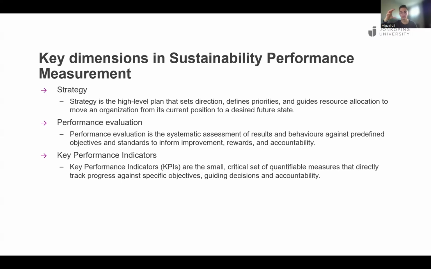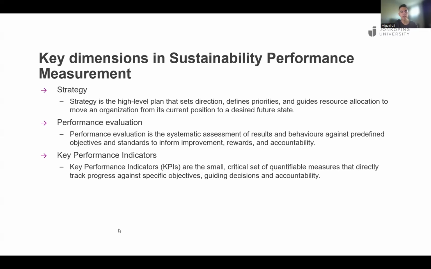That is something that is systematic, it's not random, it's something that has coherence, and it tries to assess results and behaviors against objectives that have been put in place and that are linked to the strategy. And then this evaluation informs rewards, it informs plans for improvement and accountability. So the performance evaluation, again, is a system. It aims to evaluate how well or badly individuals, groups, and divisions are doing to meet objectives that are connected to the strategy.